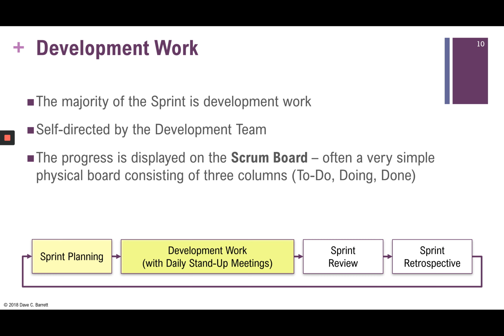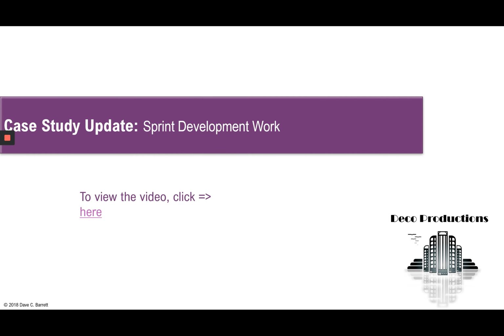So you've seen something similar in Chapter 5. If you go back, you'll see an example of this as well. At this point, please turn to your textbook again and turn to the case study on page 202 and read about the sprint development work.